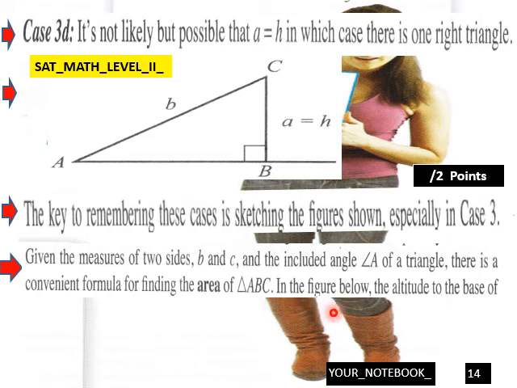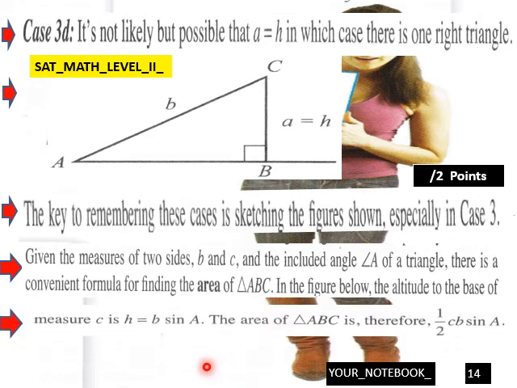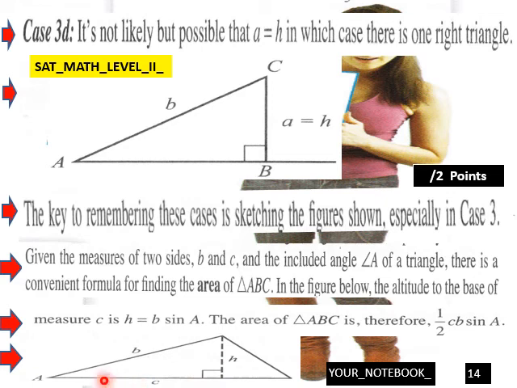In the figure below, the altitude to the base of measure c is h equals b sine A. The area of triangle ABC is therefore 1/2 cb sine A. So these are just other ways of calculating areas of triangles.